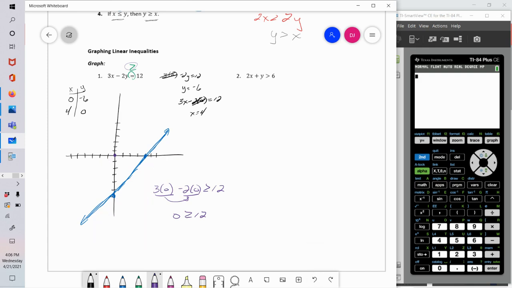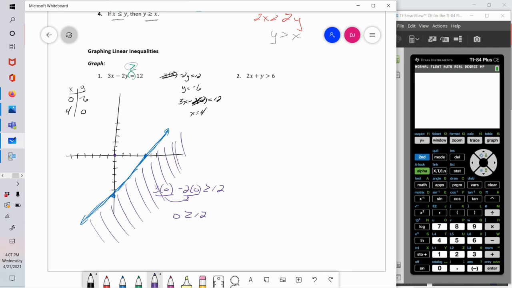They'll shade here and then write the words solution set. I've not seen that before. That's not what's normally done. More normal would be to just shade this side. This is what I'm looking for. If you were taking a test with me, this is what I would be looking for you to do.